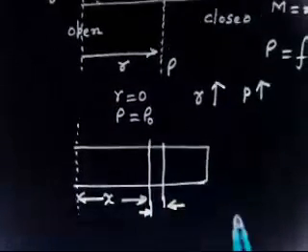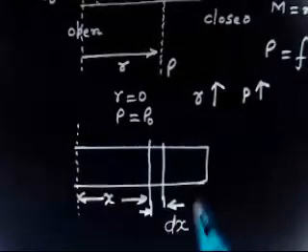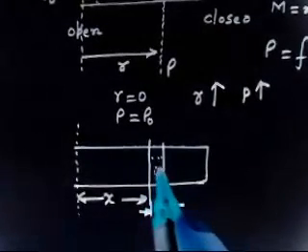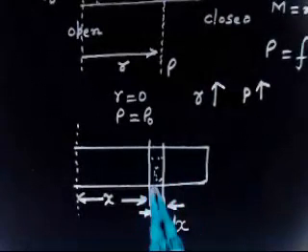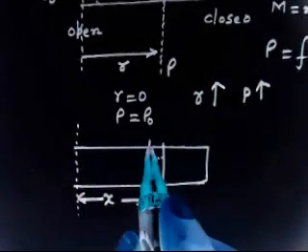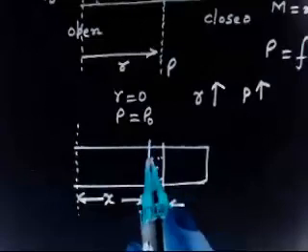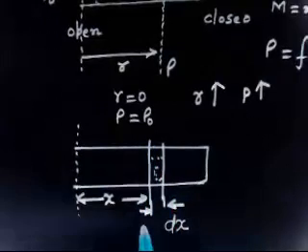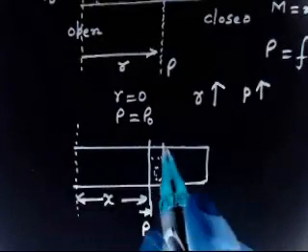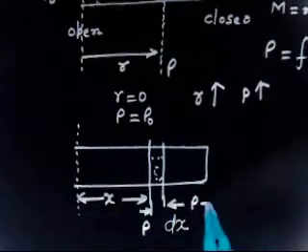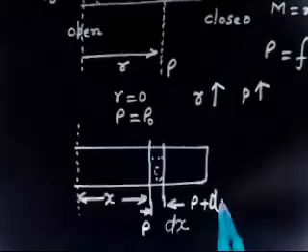At this cross section the pressure is P, but here you will have higher pressure. So at this cross section the pressure is P plus dP.